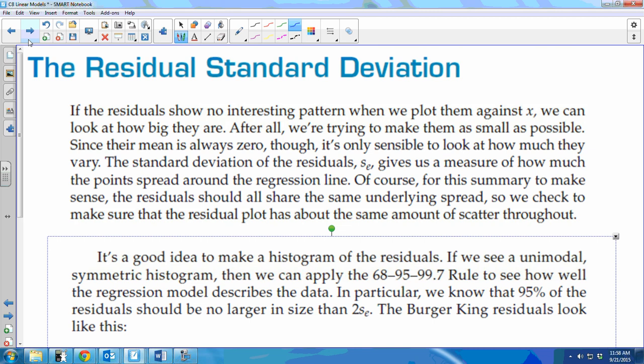That's what standard deviation does. It tells you how much something varies. The standard deviation of the residuals is represented by S with an E subscript, because that's residuals. And it gives us a measure of how much the points spread around the regression line. So it's just going to give you how scattered everything is.